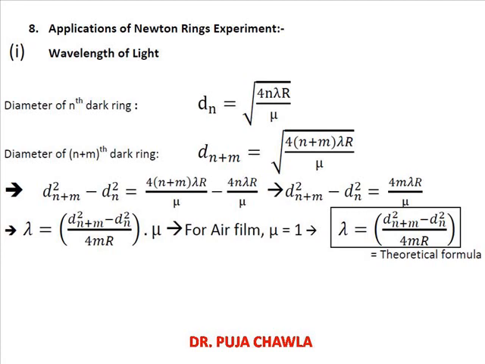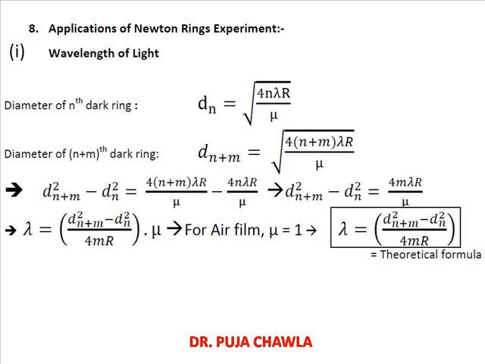In that case, we had taken mu equal to 1 because we particularly considered the case of an air film. So for air, mu was 1. Now we are considering a general case, that's why we have written mu as a symbol in the denominator and not substituted mu equal to 1. So the formula is dn is equal to under root 4n lambda R by mu.